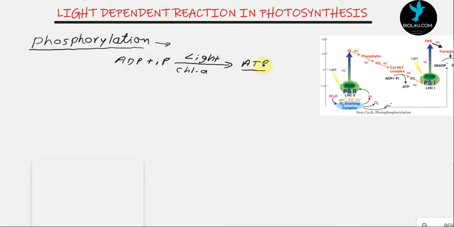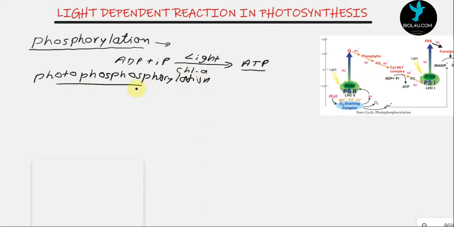This process of formation of ATP from ADP and inorganic phosphate in the presence of light and chlorophyll is known as photophosphorylation. So why is it known as photophosphorylation? Because the energy for the phosphorylation is taken from the light, hence it is known as photophosphorylation.